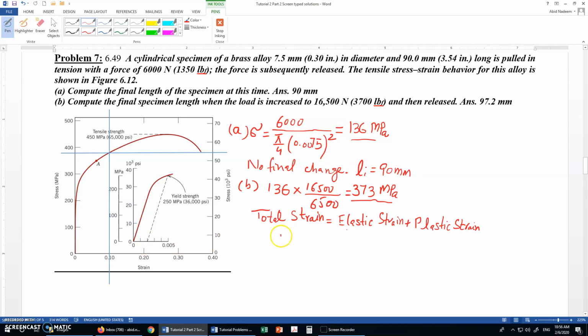So total strain is 0.1 and the elastic strain is 0.002. What will be the plastic strain? The plastic strain will be equal to 0.1 minus 0.002.